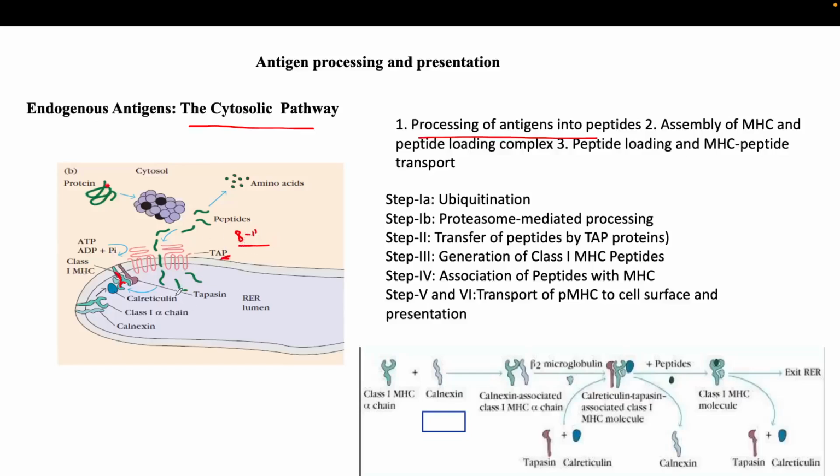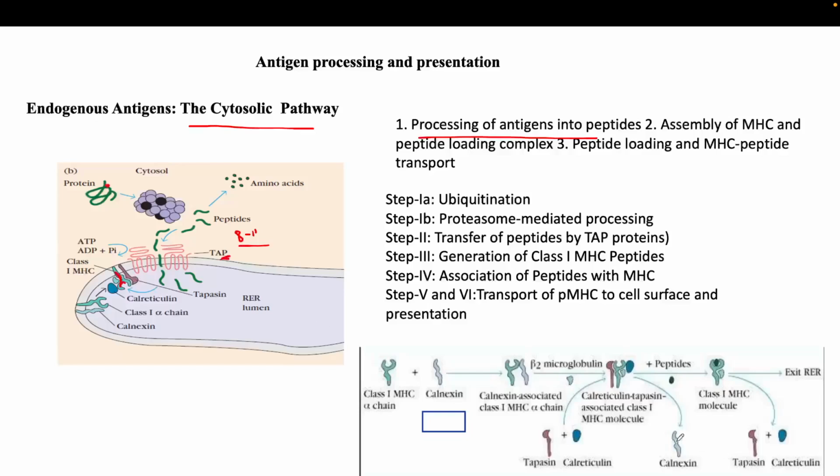Okay, and after coming inside of the endoplasmic reticulum, there is the MHC molecule which is attached to different types of chaperones, called tapasin, calreticulin, and calnexin. Okay, so once this peptide binds to the MHC molecule, all the chaperones will detach from the MHC1 molecule.